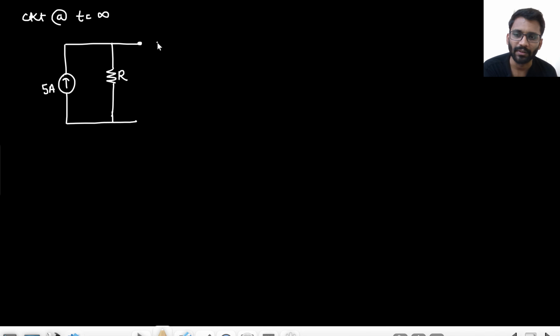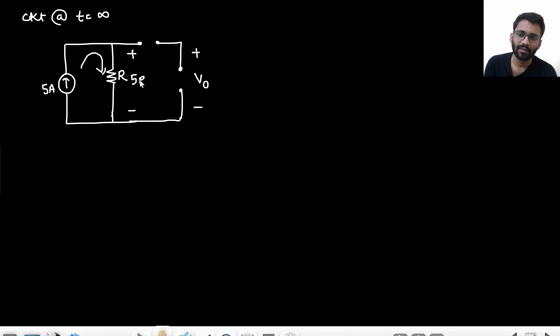Capacitor will be open circuited. Right? So this value will be V naught. The capacitors will be open circuited. So the complete current will be flowing through this resistance. So here the voltage drop would be 5R. Right?